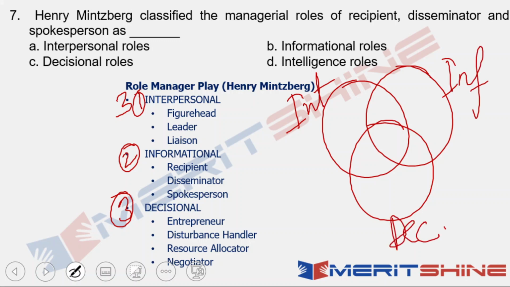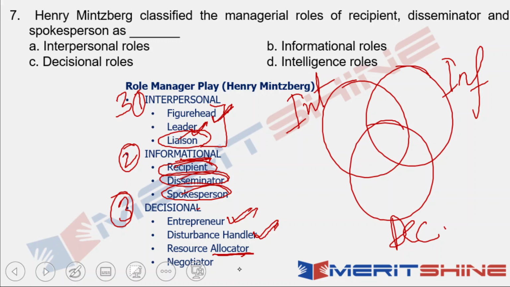And in each one of these roles, there are further sub roles that managers play. For example, in interpersonal, he can be a figurehead or a leader or a liaison. In informational, he can be recipient, disseminator, spokesperson. Then in decisional, he can be entrepreneur, disturbance handler, resource allocator, or negotiator.